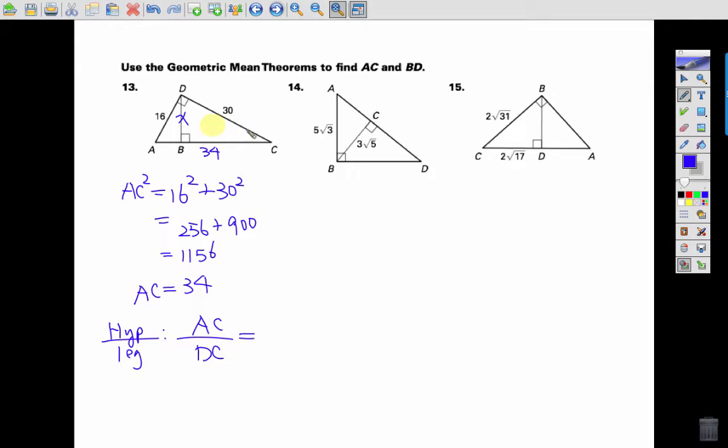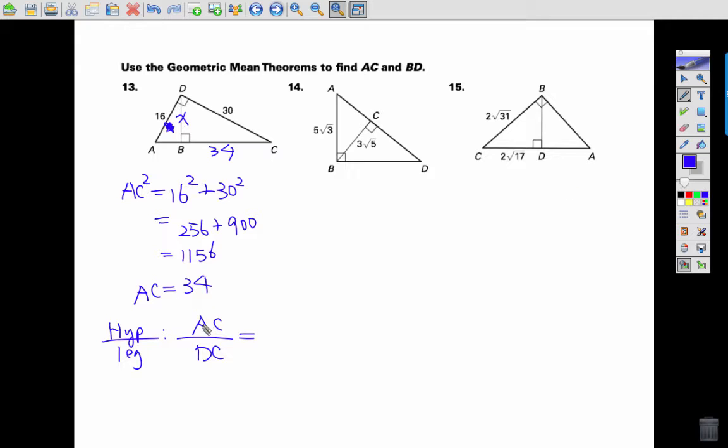And if I look at this side, I can use this one. Actually, you know what? I was wrong. That's where the confusion comes in. So it would be better if I use this side, if I use this blue triangle.